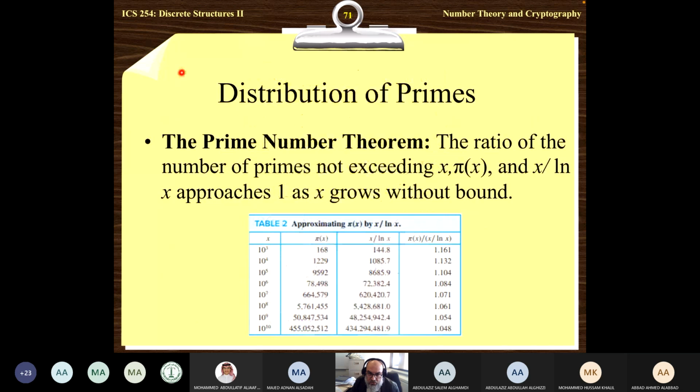Okay, so distribution of prime numbers. Let's look at the prime number theorem, and then I need somebody to explain it to us.